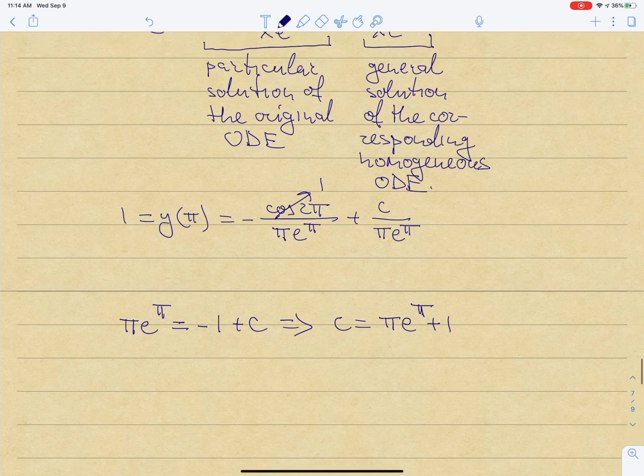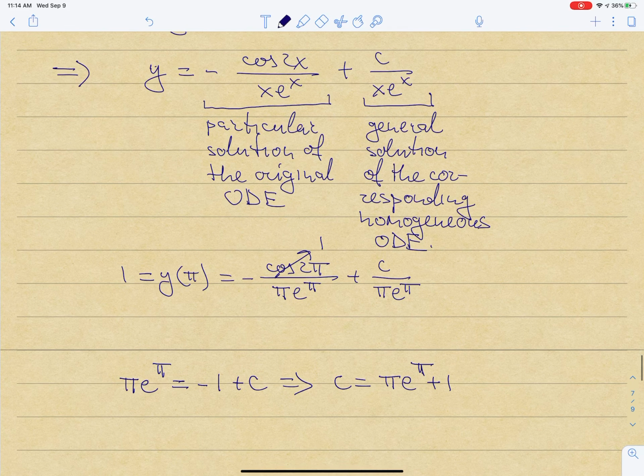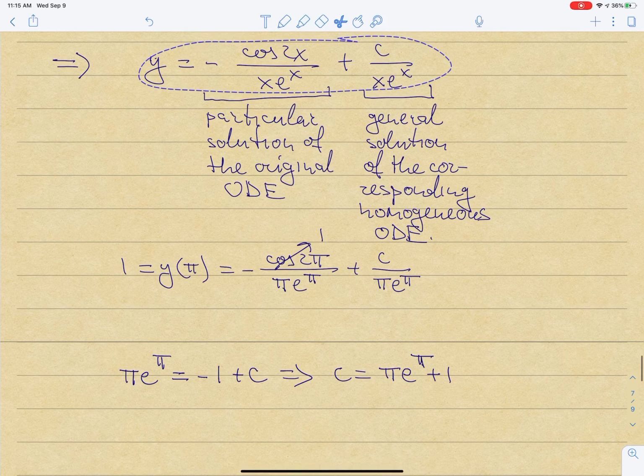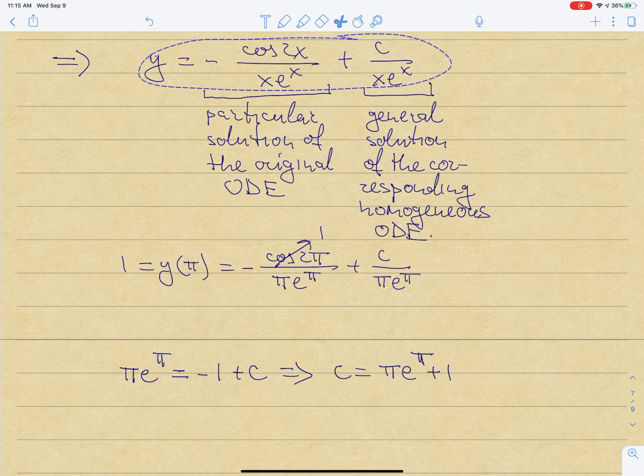And so now that I have c, I can plug it back into my general solution of the non-homogeneous equation, and that will give me a particular solution of the initial value problem.